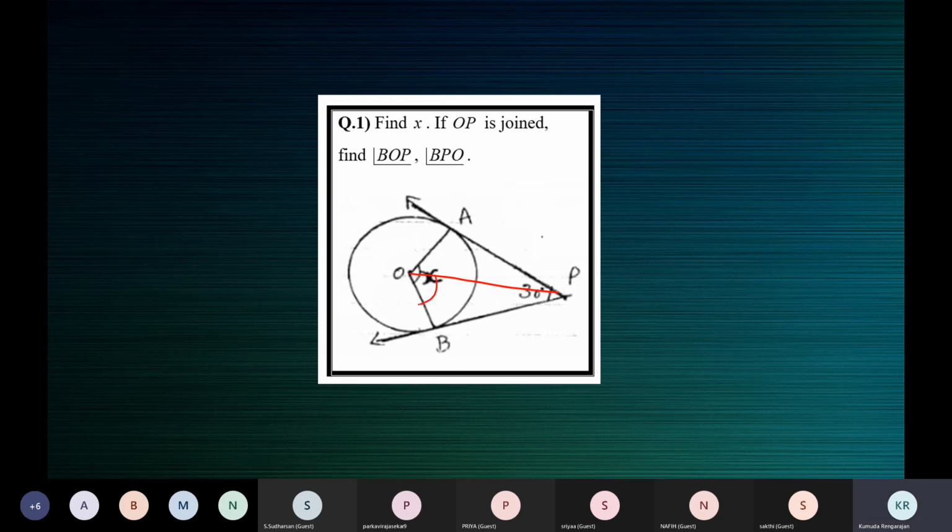So this one, because the full thing is 150, this will be 75. This full thing is 30, so this will be 15 degrees, half of it. And the angle sum property will hold: 75 and 15 is 90, 90 plus 90 is 180, triangle.